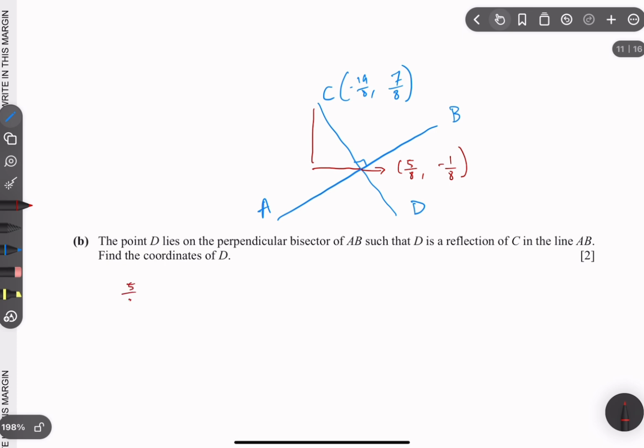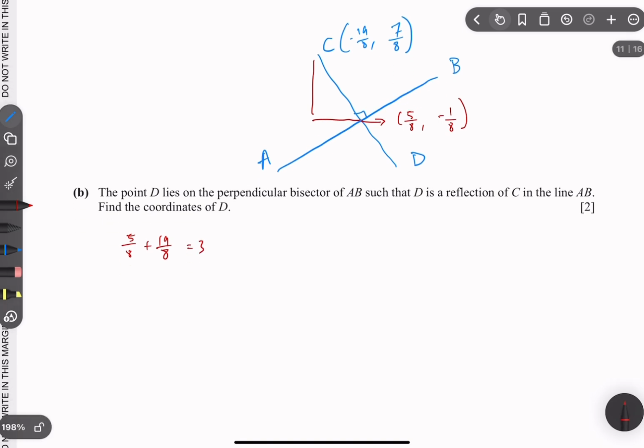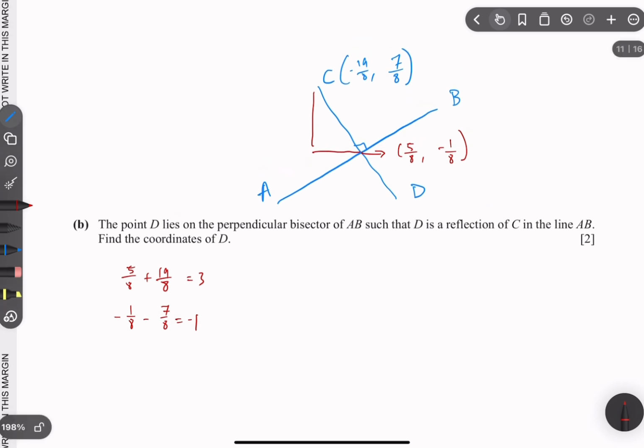So 5/8 minus 19/8, minus 19/8, so it becomes plus. And then 3. Minus 1/8 minus 7/8 equals minus 1. Okay, so that means from the midpoint, you need to go left by 3 and up by 1.